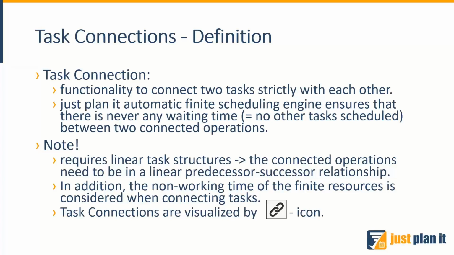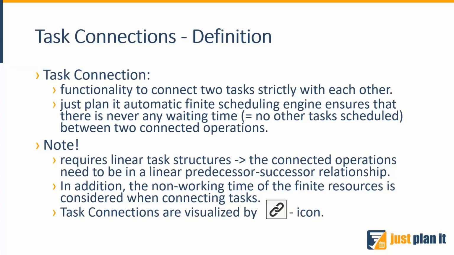And when you have connected two tasks, then the just planet scheduling engine, our automatic finite scheduling algorithm, always ensures that there is never any waiting time between two connected operations.